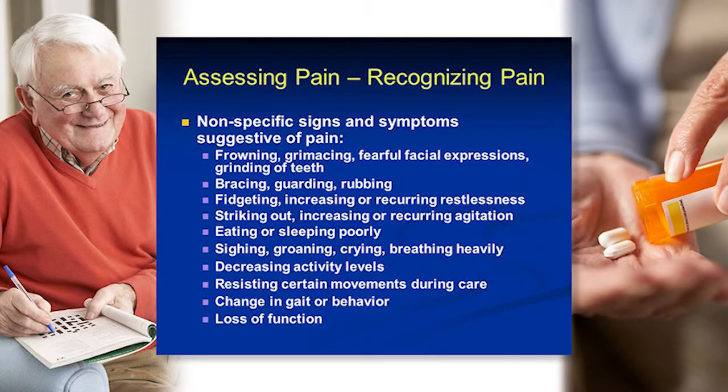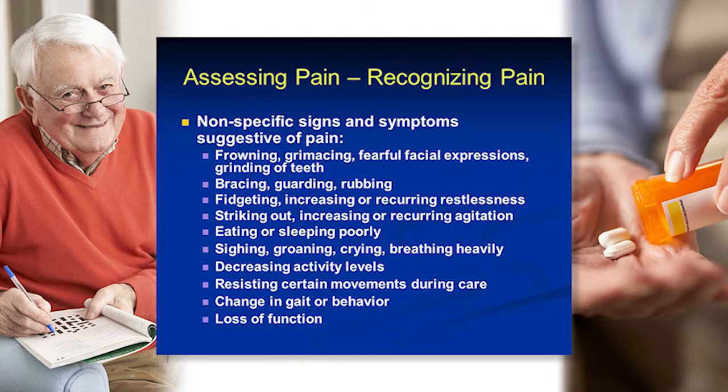Once you've recognized and assessed that pain, you should also be aware that there are many non-descriptive or non-verbal symptoms directly related to pain that you could be watching for. These include things such as facial expressions of frowning or grimacing, and some of these have been worked into these pain scales. Sometimes an individual is just bracing themselves or rubbing a part of their body, or guarding against movement.